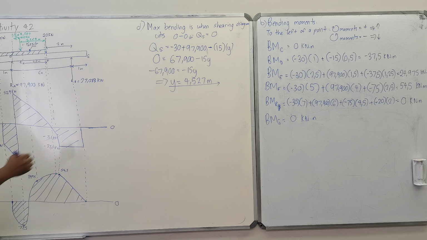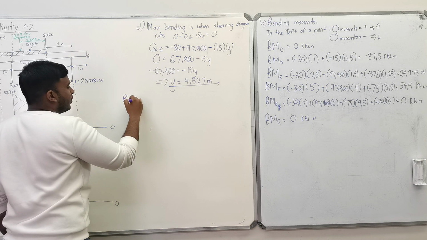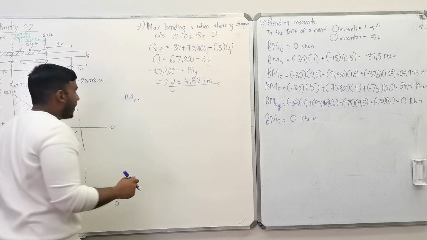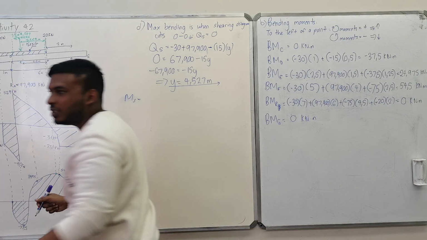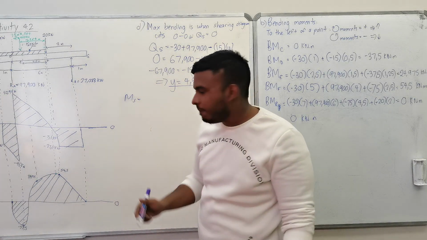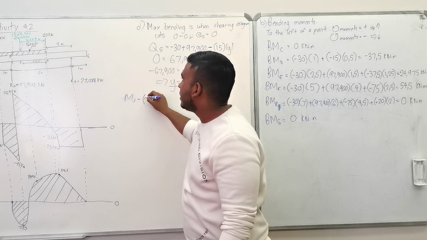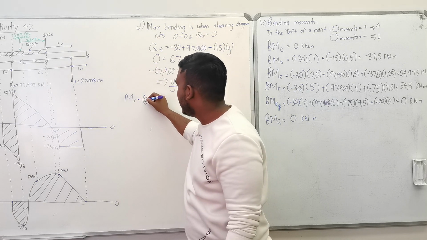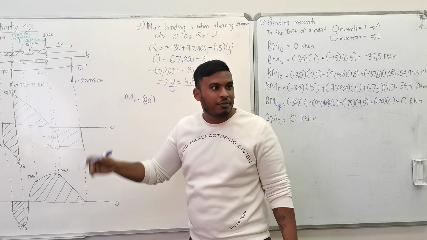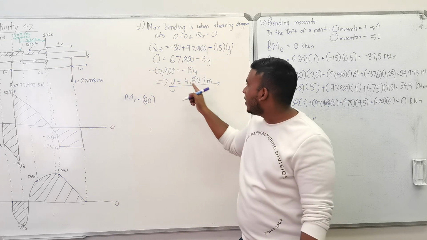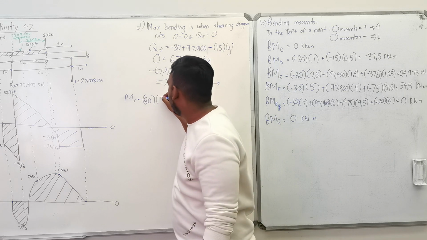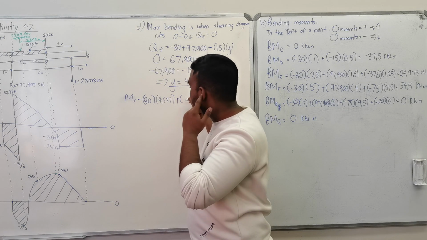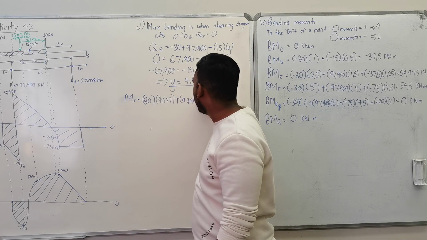Okay, so now your bending moment, your M, would be equal to everything to the left, which is 3 forces. It would be negative 30, and how far away is that from the green line? 4.527, plus the upwards force of 97.900.